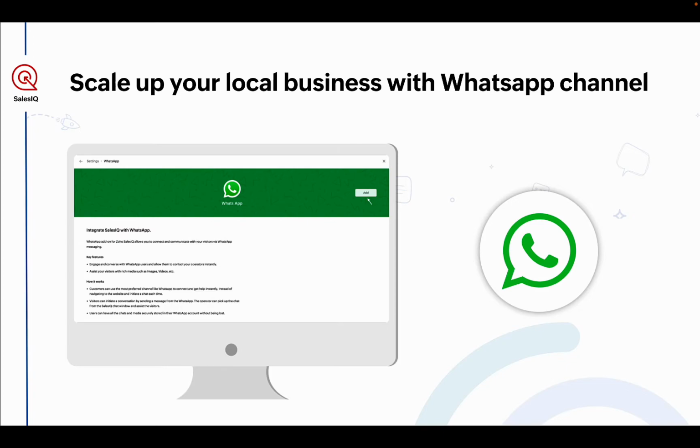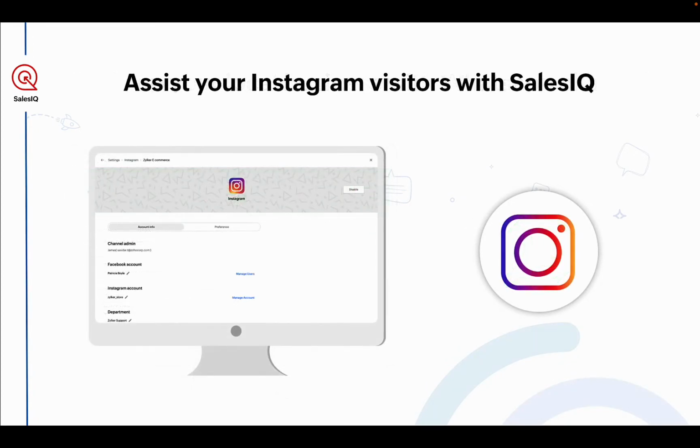So first, let's take a look at the Instagram channel. Now, Instagram has quickly become a great way to expand your business's reach and engagement with customers. Today, every business has an Instagram page where they connect and engage with their followers and customers.